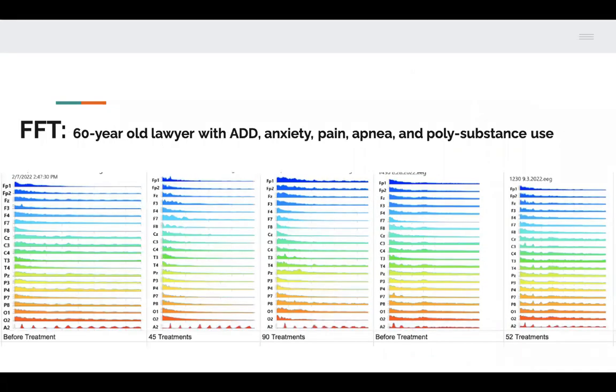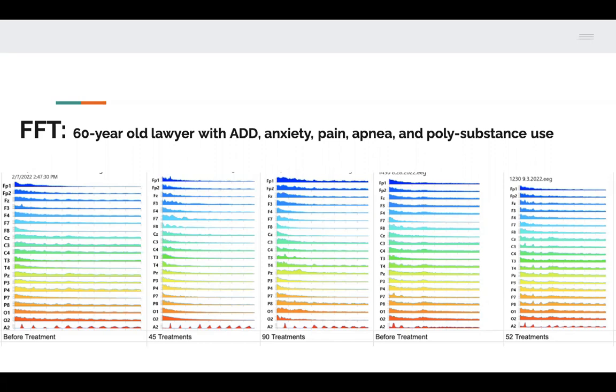So this person is a very successful lawyer, has a huge practice, in a large building. He has ADD, anxiety, chronic pain, severe apnea, and multiple medications from Adderall, Xanax, Dayvigo, Effexor, and other things.